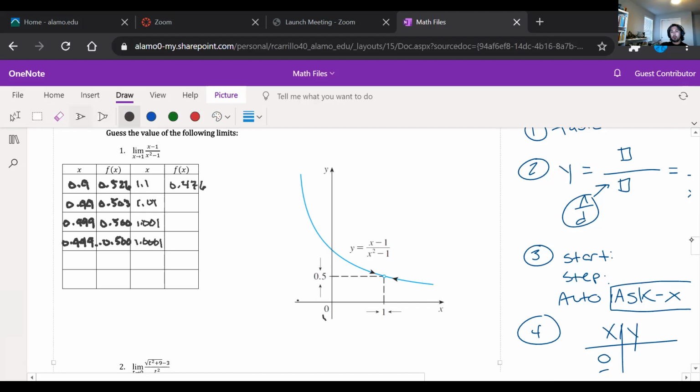Let's see. 0.49, 9, 8, 9. All right. And they're working on 2 as well, right?